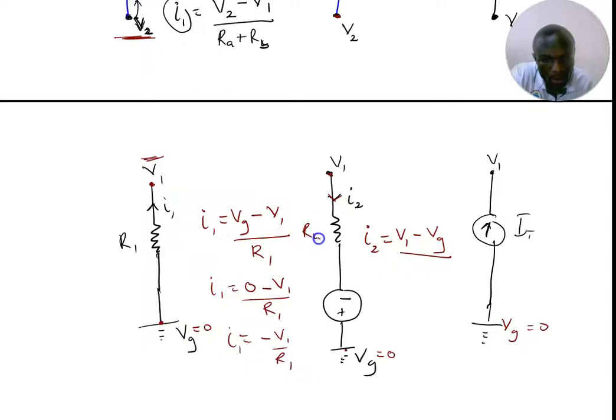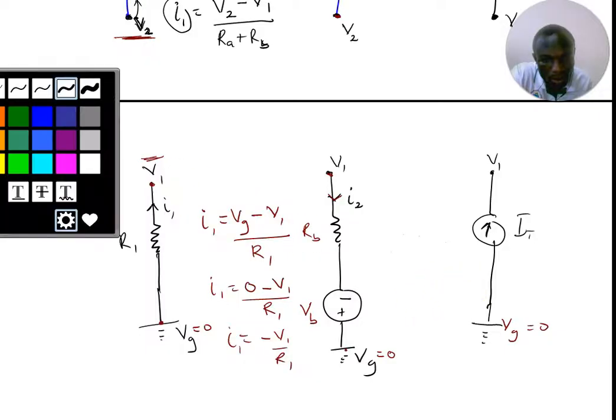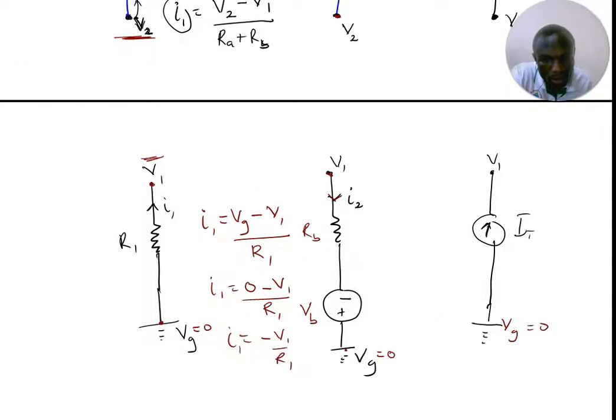Let me call this Rb, all divided by, no, we've made one mistake. Why? We didn't add the V what? Let me call it Vb. We didn't add the Vb. So let's go back and add the Vb. Let's start again. Okay. So with this one, let me start the analysis again.